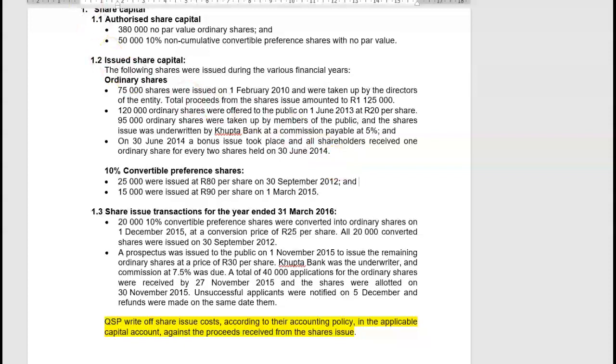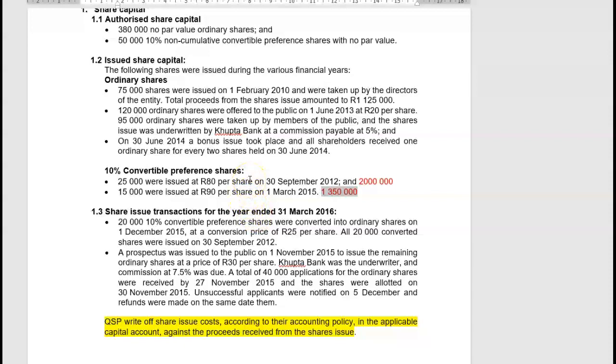And that then gave us a total of 2 million Rand in pref share capital, 25,000 times 80. And then there was 15,000 that we issued at 90 Rand a share on 1 March 2015. Now, although they don't ask me the preference shareholders, preference shares are probably going to use that at some stage.